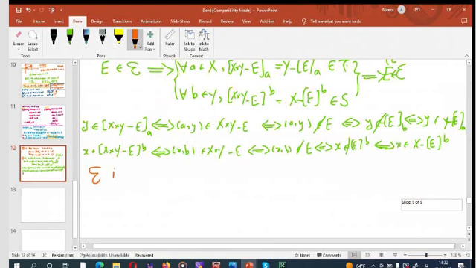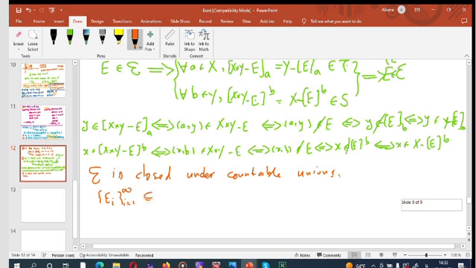Okay, because if we consider a countable sequence of members of E, then for each i in the natural numbers we have these two properties.